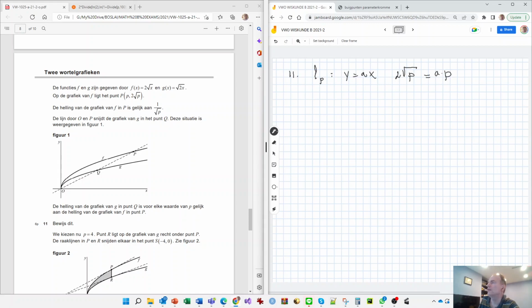In other words, a is 2 divided by the square root of P.